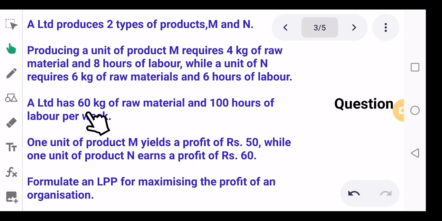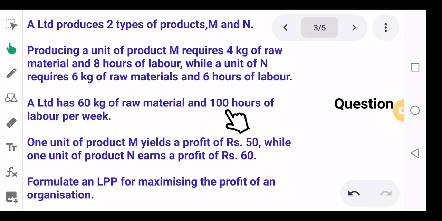That means the organization can purchase 60 kg of raw material, or less than 60 kg. It will never cross 60 kg. This becomes one limitation. The second limitation is 100 hours of labor per week. Laborers are paid per hour of work, so in a week this organization can afford only 100 hours of labor.